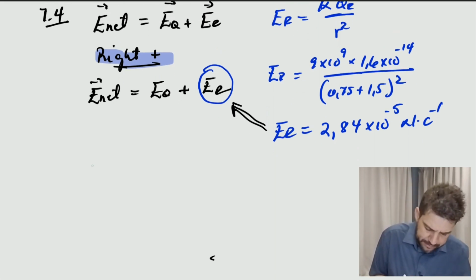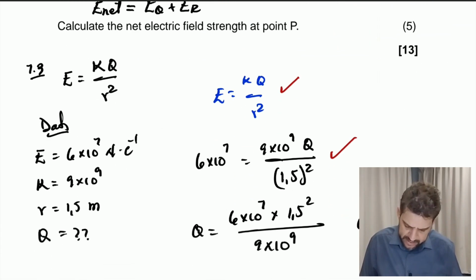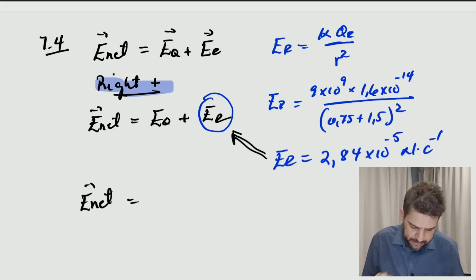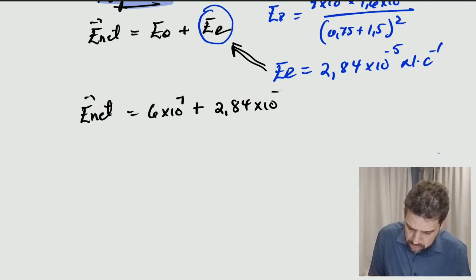So E net is equal to EQ, which was given to us, we didn't calculate it. It is 6 times 10 to the 7 plus 2,84 times 10 to the minus 5.